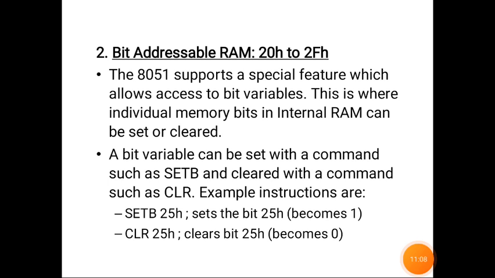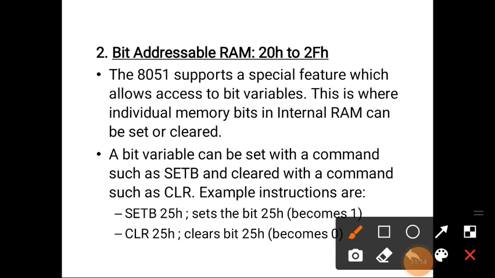Then the second one, bit addressable RAM, 20H to 2FH. Here it supports special features which allow access to bit variables, where the memory bits in the internal RAM can be set or cleared.